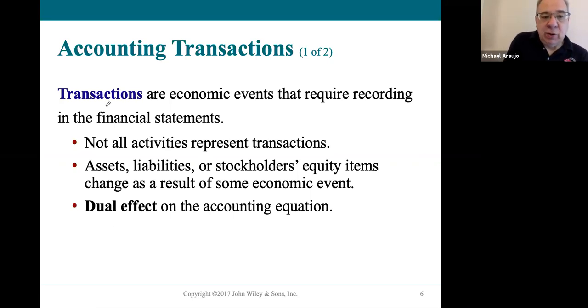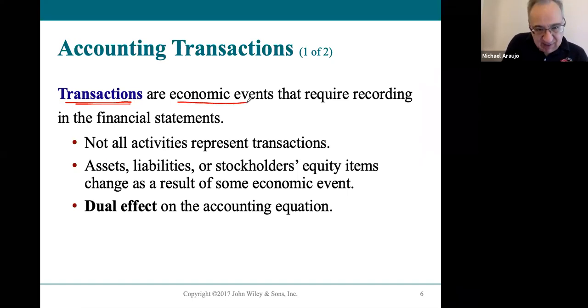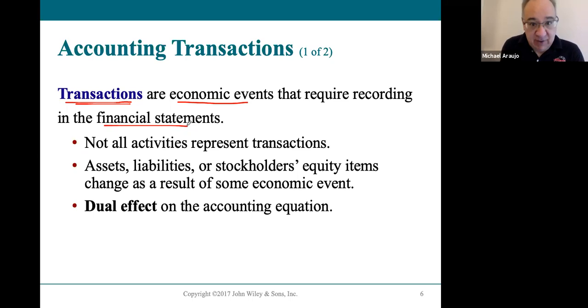So let's take a look at what we're doing today. We're focusing on analyzing a transaction. A transaction is an economic event that affects the financial condition of the company as it happened. So we have to determine what is an economic event from something that happens that's not an economic event.